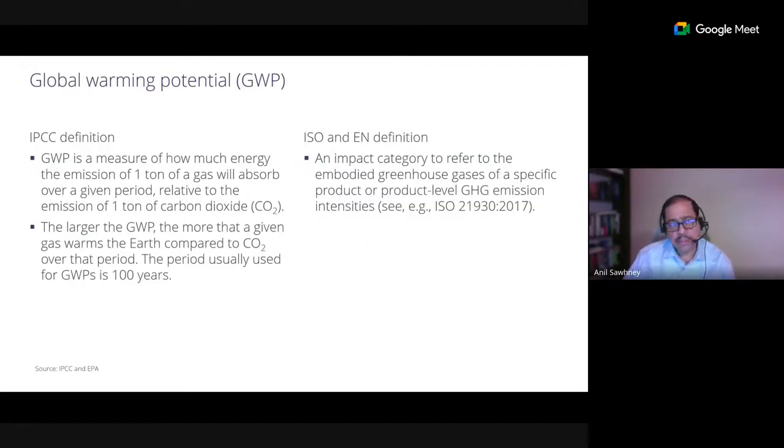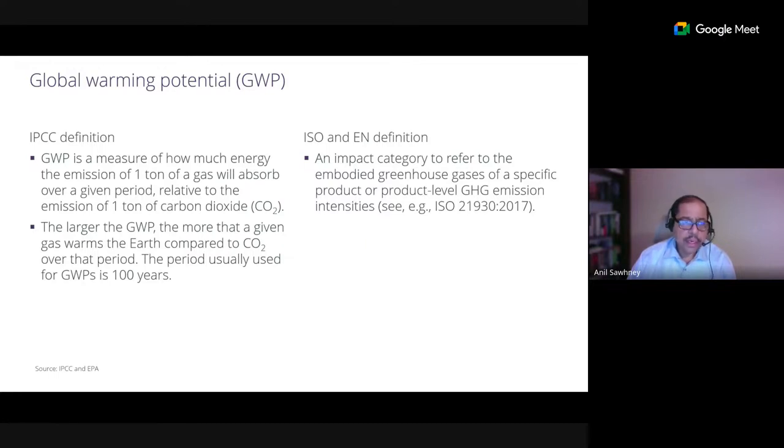The IPCC definition of GWP is a measure of how much energy the emission of 1 ton of gas will absorb over a given period of time relative to the emission of 1 ton of carbon dioxide. So the larger the GWP, the more that a given gas warms the Earth's atmosphere compared to CO2 over that period. Typically this period is considered to be 100 years.